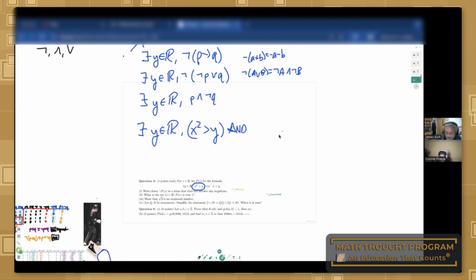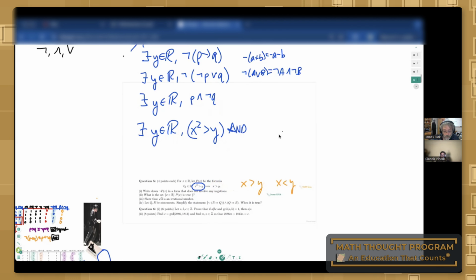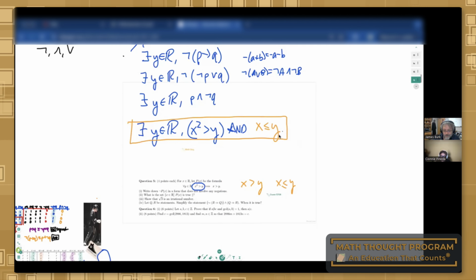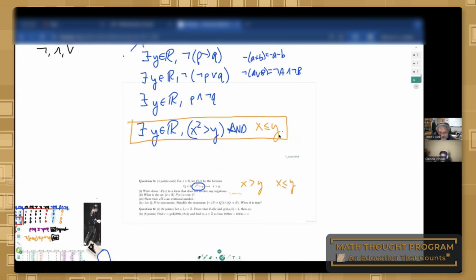If you negate an inequality, if you say x is bigger than y, the reversal of it is x is less than or equal to y. Now we've taken the whole phrase and recalibrated it so that there is no negation. Let me give you a moment to take a look over that and see if it makes sense.